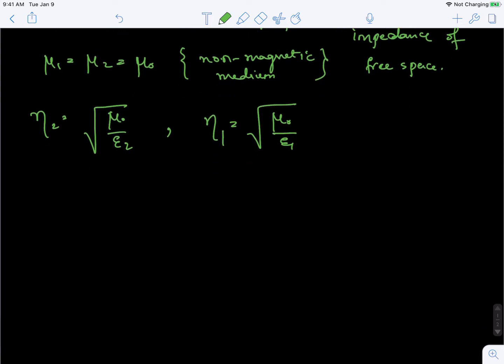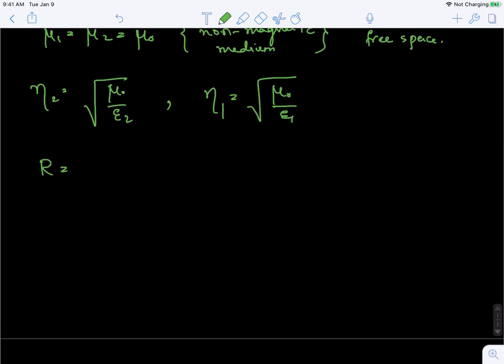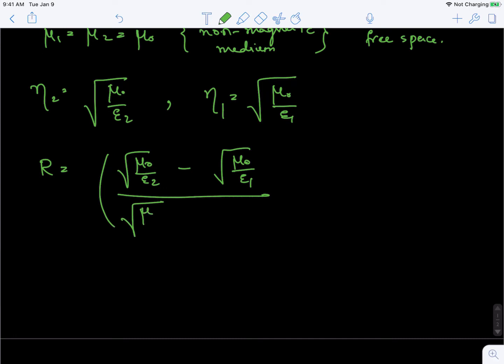Now let's make this substitution in R, which will be square root of mu naught by epsilon 2 minus square root of mu naught by epsilon 1, divided by square root of mu naught by epsilon 2 plus square root of mu naught by epsilon 1, whole to the power of 2.